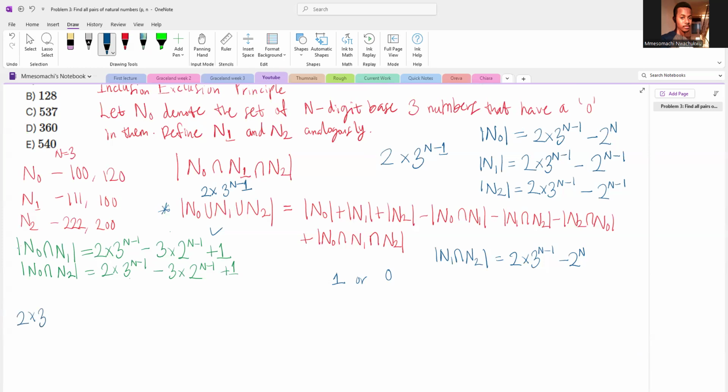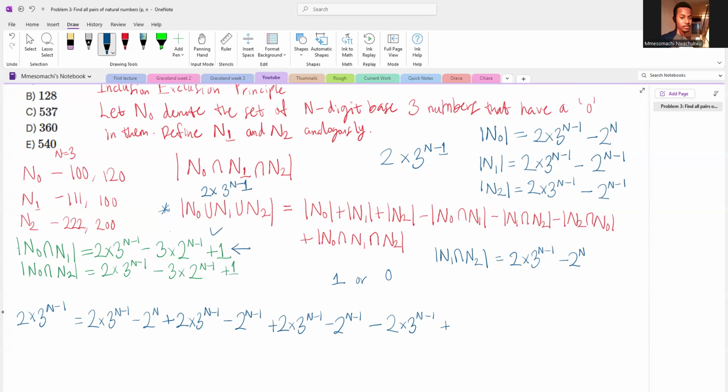We have 2 times 3 to the power of n minus 1, which is equal to N0, which is 2 times 3 to the power of n minus 1 minus 2 to the power of n, plus 2 times 3 to the power of n minus 1 minus 2 to the power of n minus 1, plus 2 times 3 to the power of n minus 1 minus 2 to the power of n minus 1, and then minus N0 intersect N, so it's going to be minus 2 times 3 to the power of n minus 1. So I'm writing this here, okay?